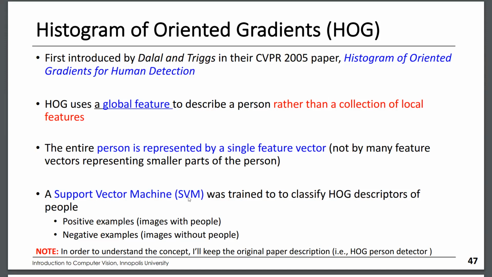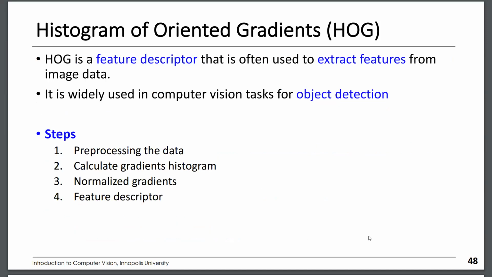So an SVM, or support vector machine algorithm, usually is trained to classify these HOG descriptors of people, positive samples and negative samples. HOG is a feature descriptor that is often used to extract features from image data. And it's still being used now. For example, when you don't have a lot of images, you can still find people using HOG as a feature descriptor. It is widely used in computer vision tasks such as object detection, right?